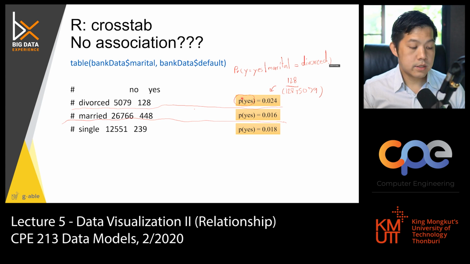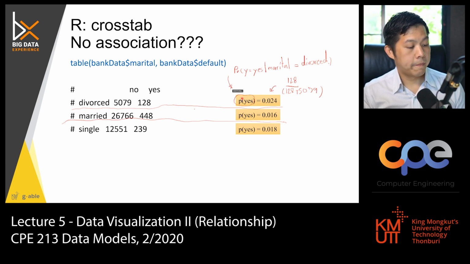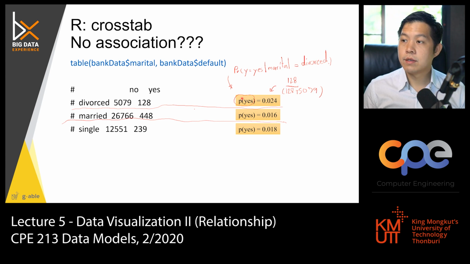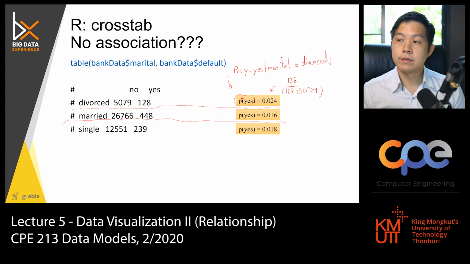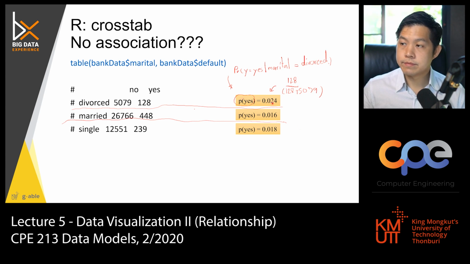Right. This is the conditional probability of having divorce status and then accepting the offer, here. And this is for married and for single.